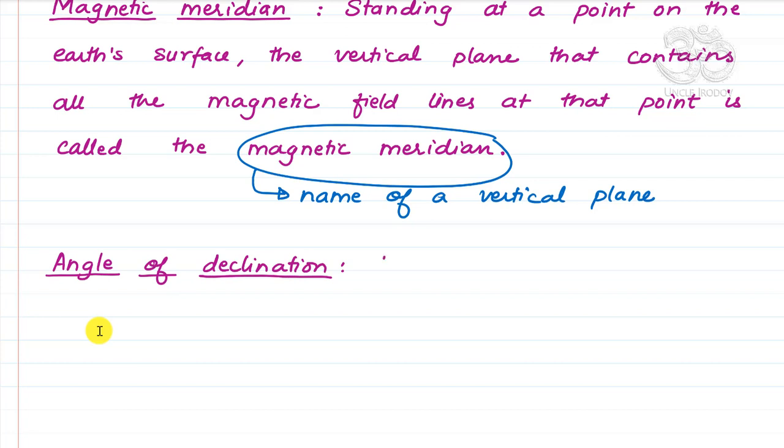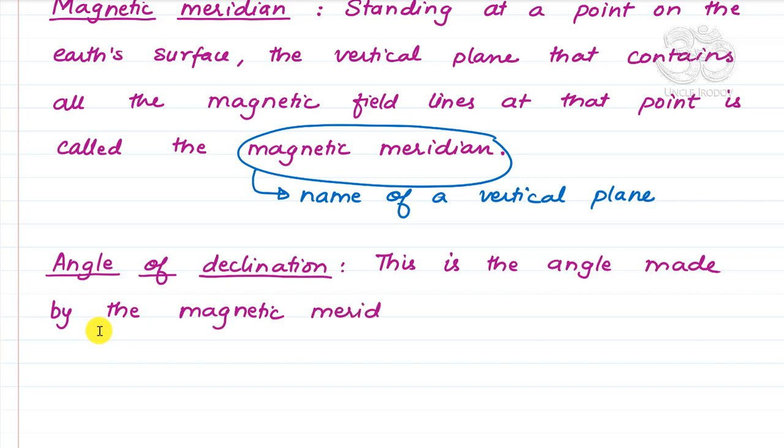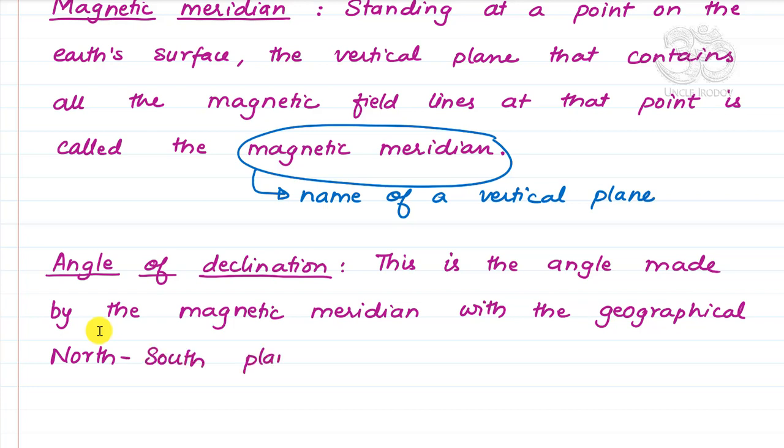This is the angle made by the magnetic meridian with the geographical north-south plane. Keep in mind this also. So angle of declination is the angle that is made by the magnetic meridian, so this is one plane, with the geographical north-south plane.